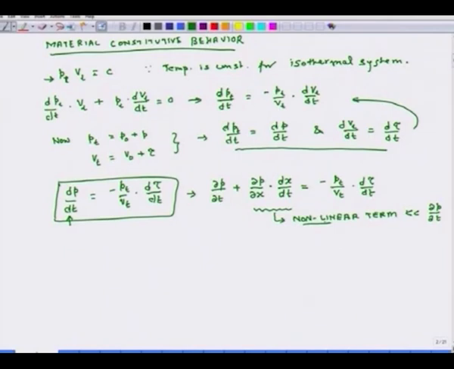So, with this assumption, we simplify this relation, and what we get is the partial derivative of pressure with respect to time equals minus Pt over Vt times d tau over dt.